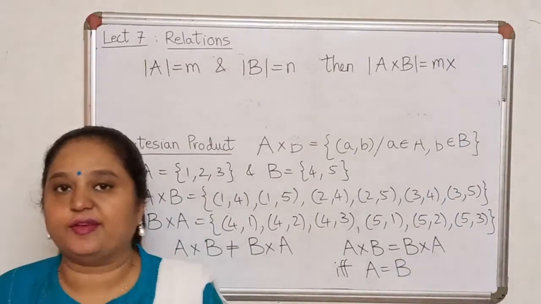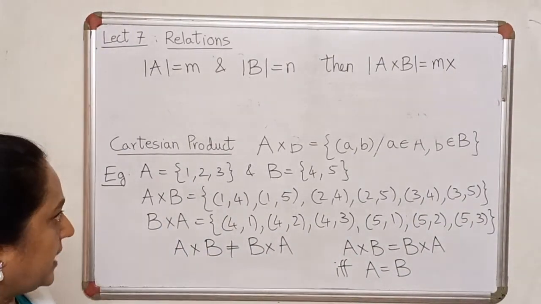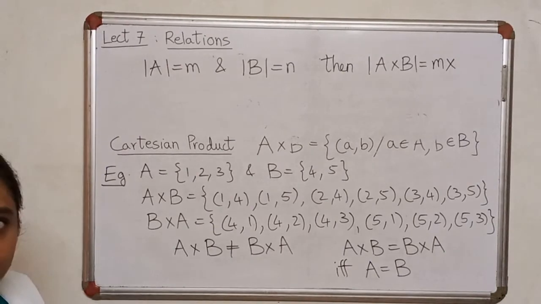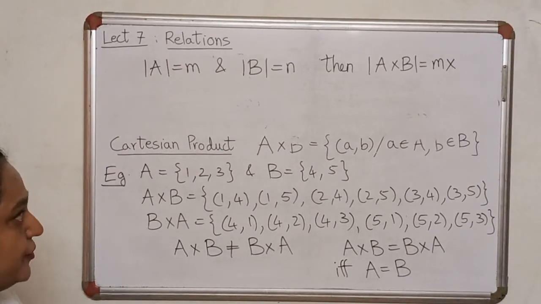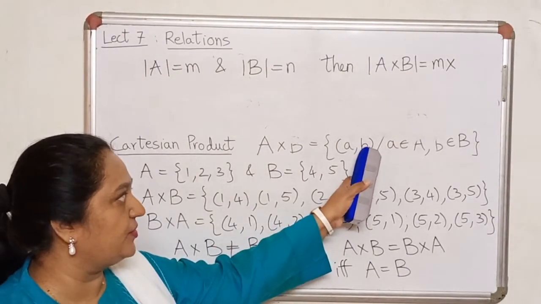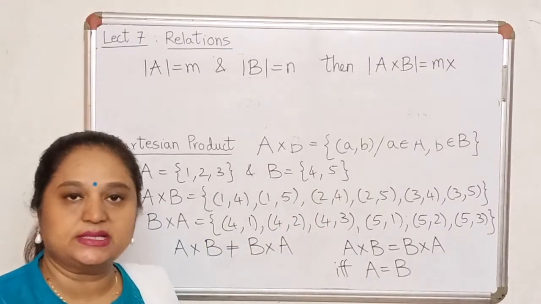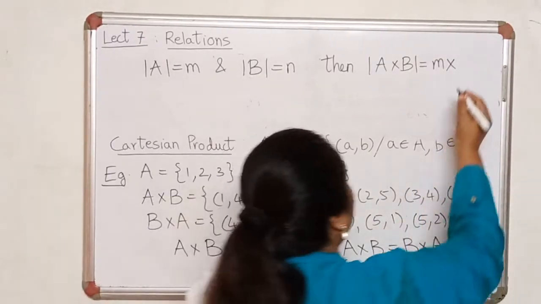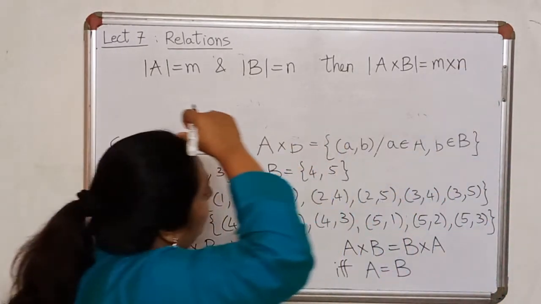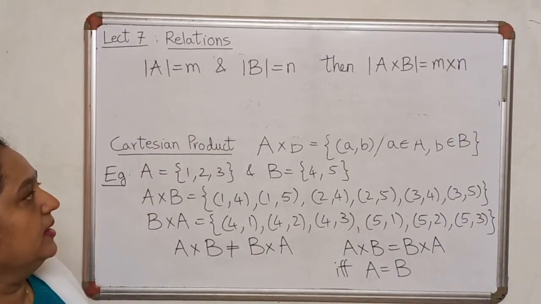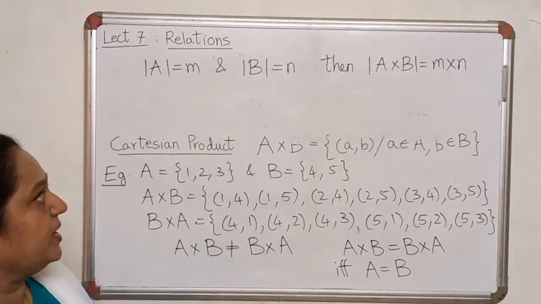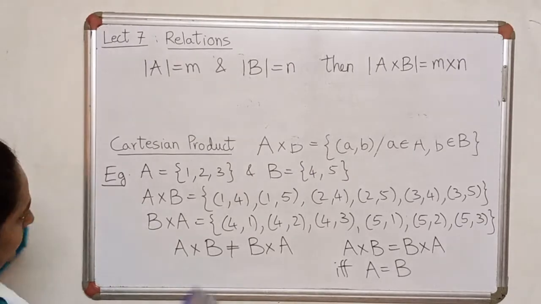And we also need to fill up the second place. For the second place, the element has to come from B. So the number of choices for the second place will be as many elements as the number of elements in the set B. So if A and B are finite sets, then the number of elements in A cross B will be M into N.